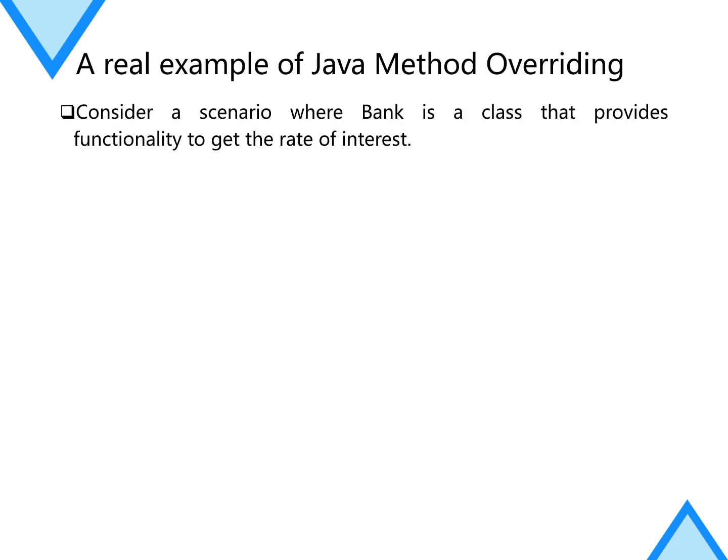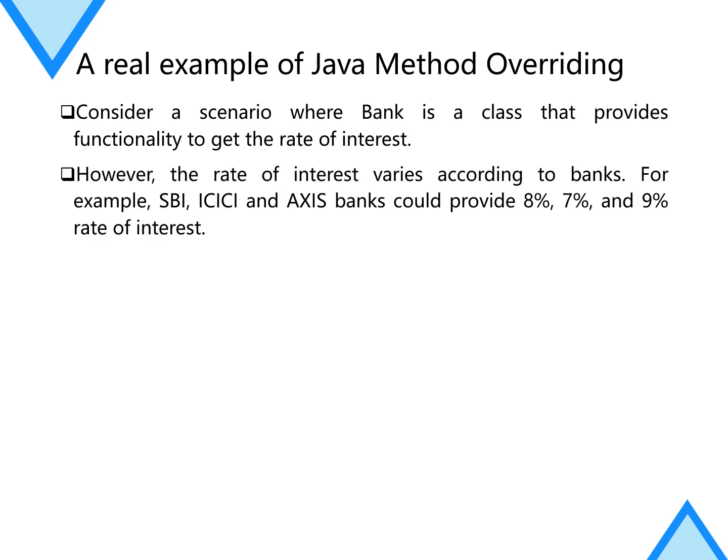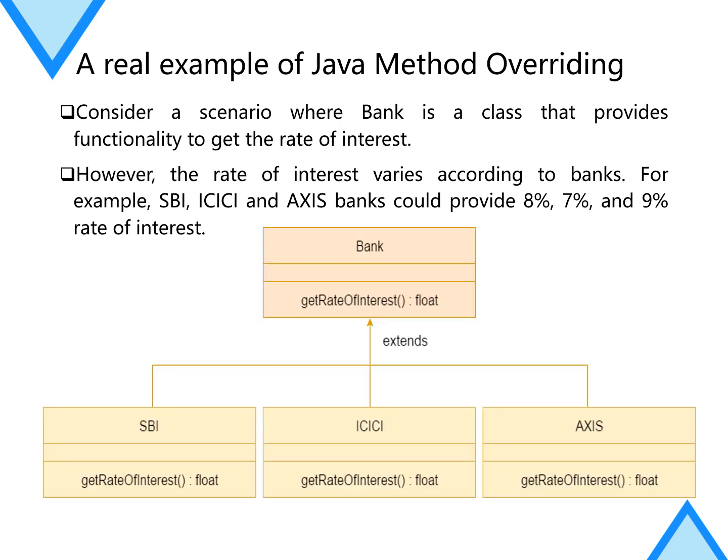A real world example. Consider a bank in which each type of bank has a different rate of interest. For example, we have some banks whose interest rates are 8%, 7%, and 9%. This is the class diagram.